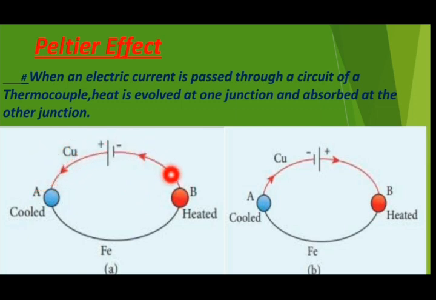At the junction B, where the current flows from iron to copper, heat is liberated and it becomes hot. When the direction of current is reversed, junction A gets heated and junction B gets colder. Hence, the Peltier effect is a reversible process.